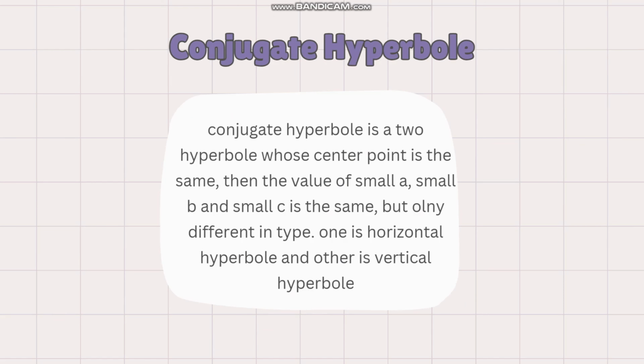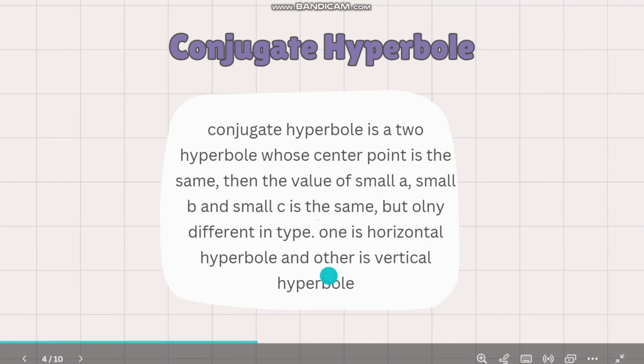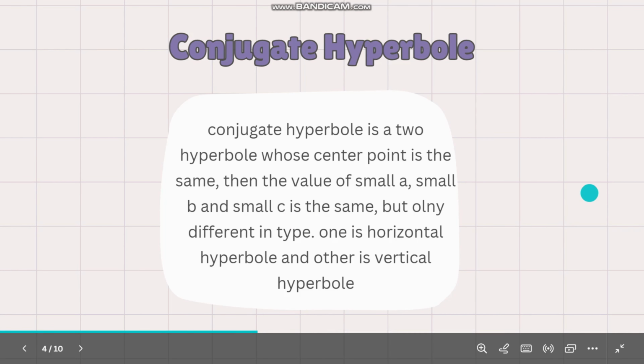Next is the conjugate hyperbole. Conjugate hyperbole is two hyperboles whose center point is the same. Then the values of the small a, small b, and the small c are the same, but only different in the type. One is a horizontal hyperbole and the other is a vertical hyperbole.